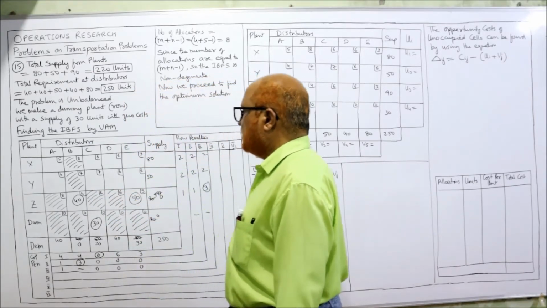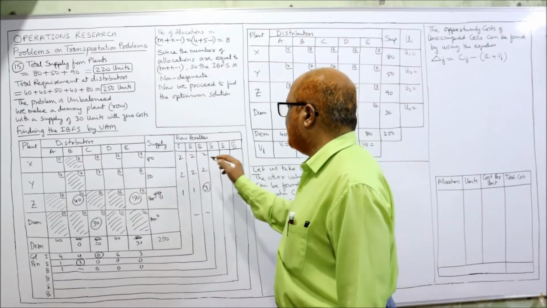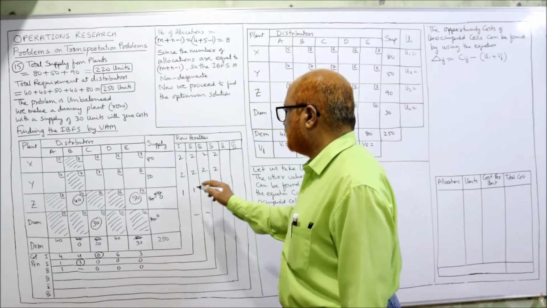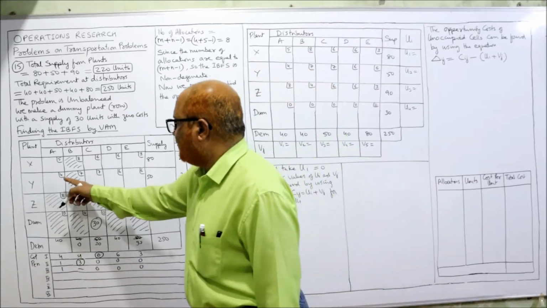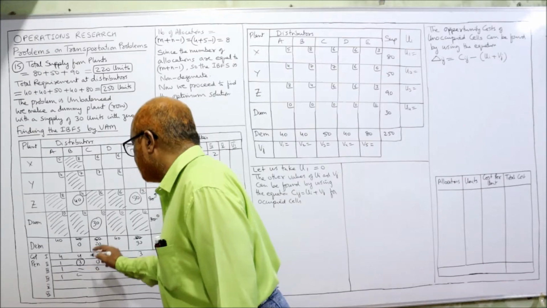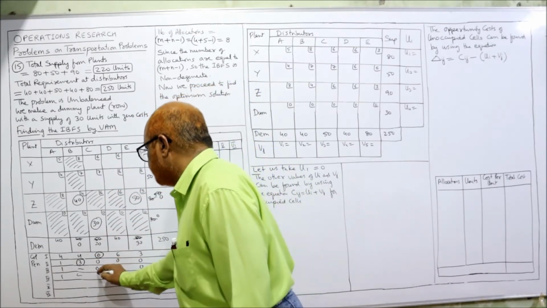The next penalty. 5 minus 3, 2. Here 4 to 6 is 2. Here exhausted. Here exhausted. Now 5, 4, 1. Here it is exhausted. Here 6, 7, 1.